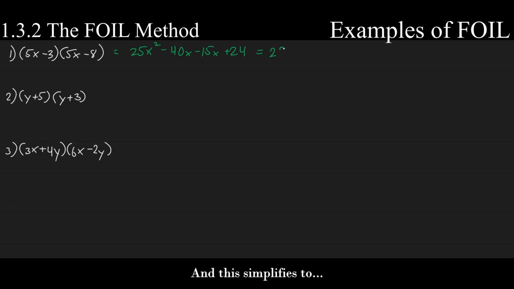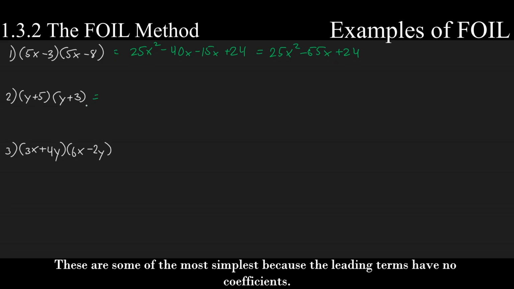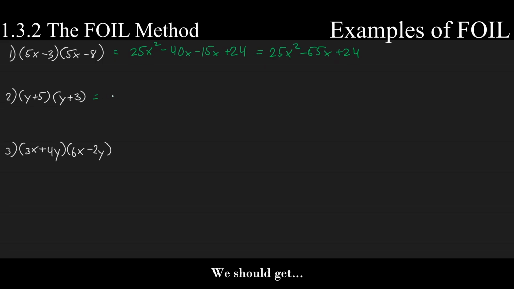And this simplifies to 25x squared minus 55x plus 24. Number 2, (y plus 5) times (y plus 3). These are some of the simplest because the leading terms have no coefficients. We should get y squared plus 3y plus 5y plus 15, which simplifies to y squared plus 8y plus 15.